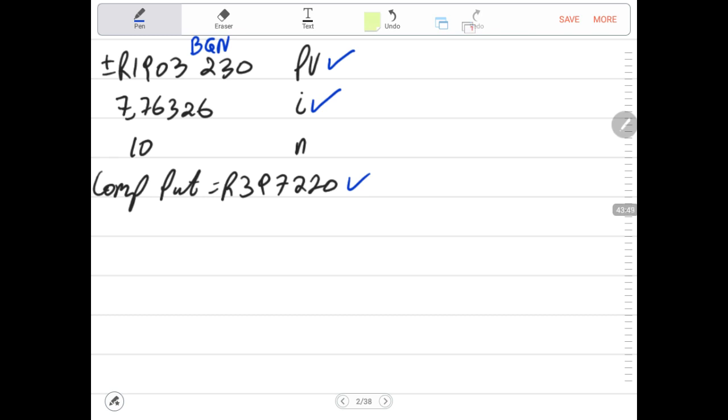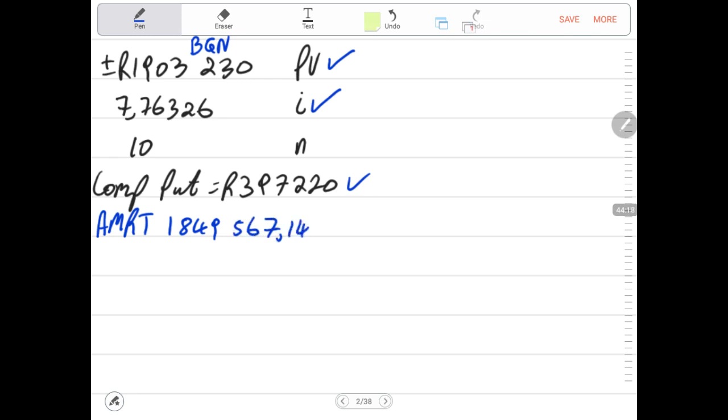Then now we can say amount, and we scroll down. We say 4 and enter, scroll down. Then we get to a balance, AMRT, which is 1 million. 1,849,567 rand 14 cents.